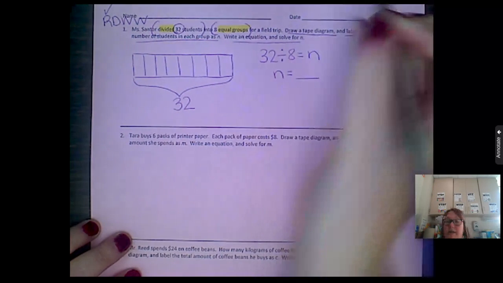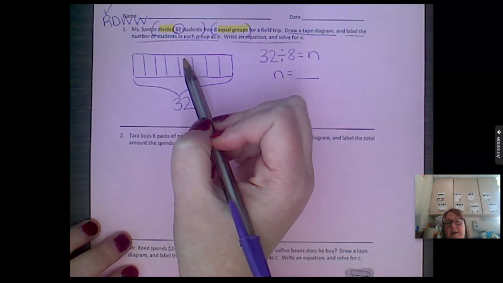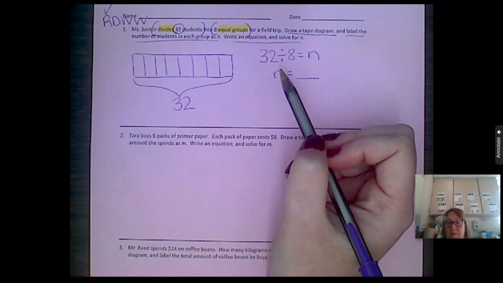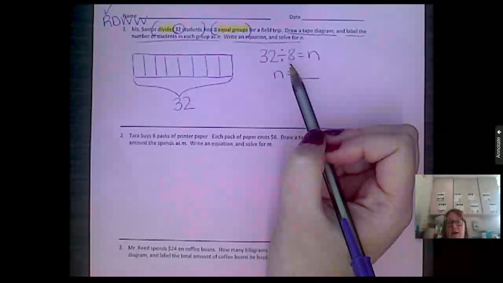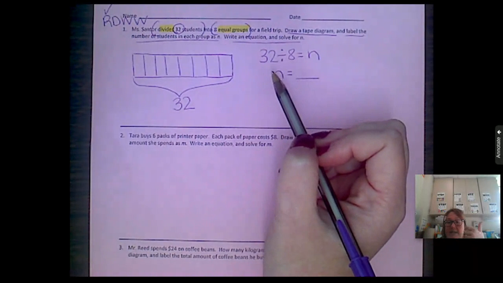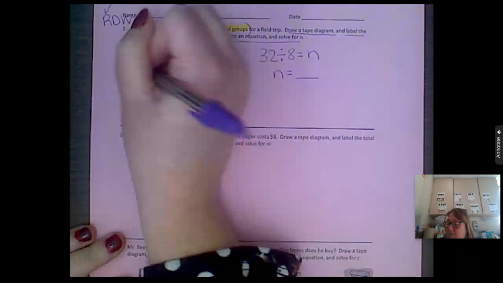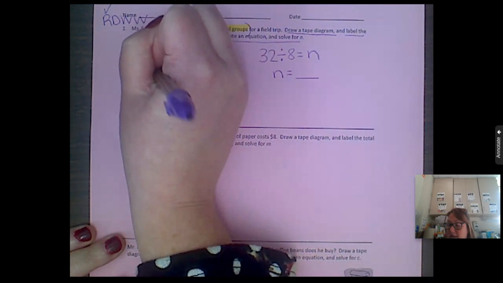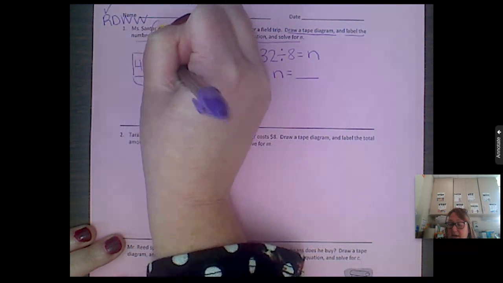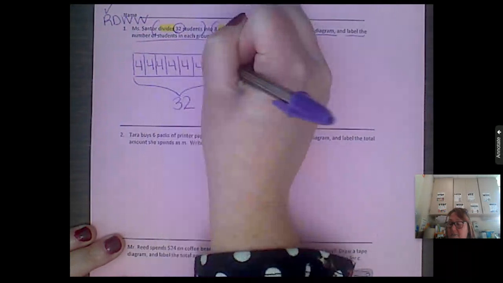Okay, so again, I could put one circle in each group to find it that way. Or if I feel like I'm good at counting by my 8s, I could count by 8s till I get to 32. So let's try that. 8, 16, 24, 32. Stop. So how many in each group? 4. If you are not good at counting by 8s yet, would you do that strategy?